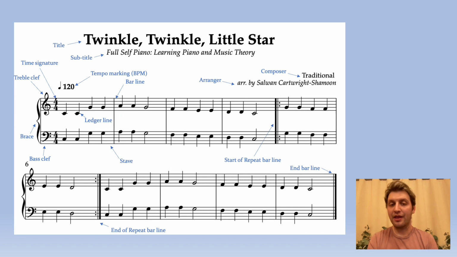Okay, next I want to look at the bar lines. You might see that after 4 notes in the treble and bass clef we have a line, and then after the 3 notes we get another line.